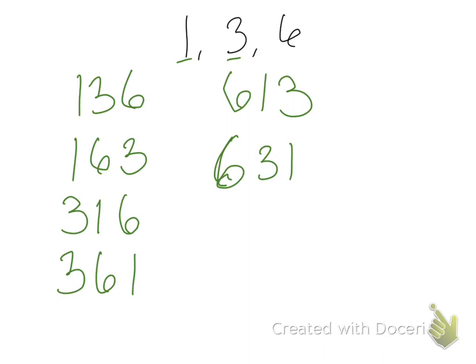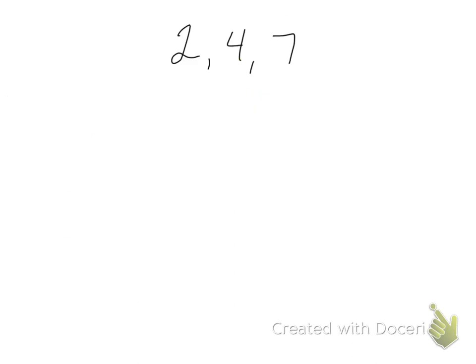What's the smallest number? My smallest number is 136. And my largest number is 631. Okay, what about if I use a 2, a 4, and a 7? So the numbers I can make: 247 or 274.